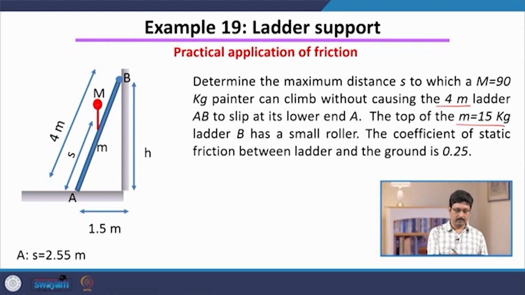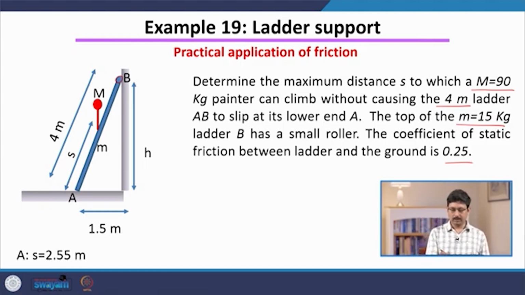Now, this red figure represents a person, a painter maybe, who is climbing the ladder, and the mass of this painter is 90 kg. The ladder has a roller at the top, and the coefficient of static friction between the ladder and the ground is given as 0.25.